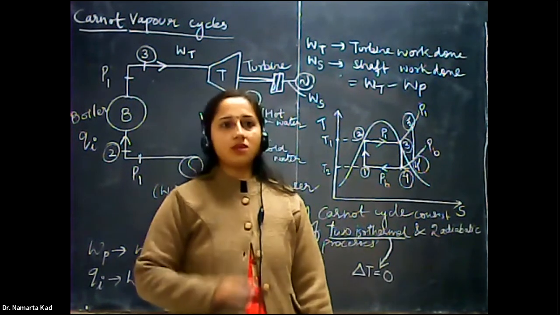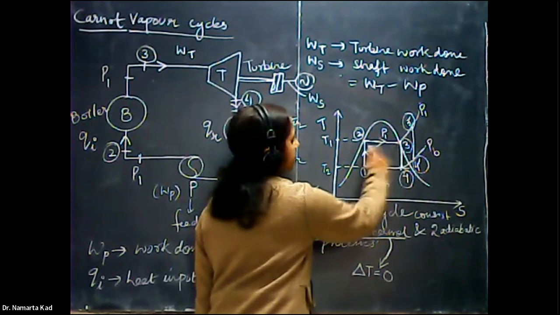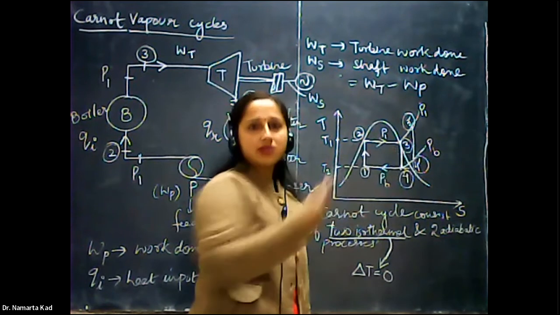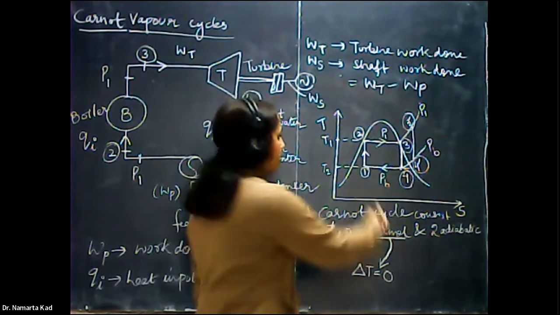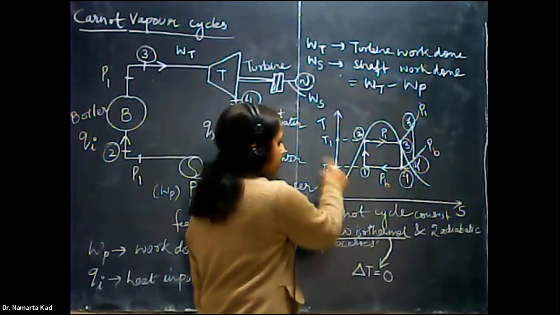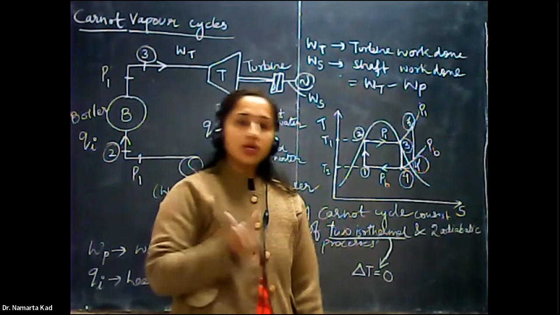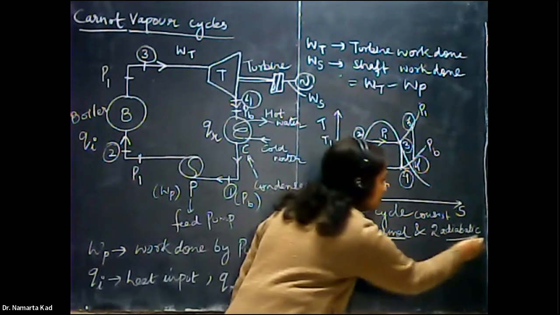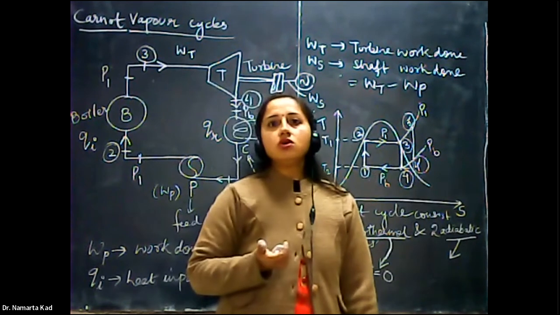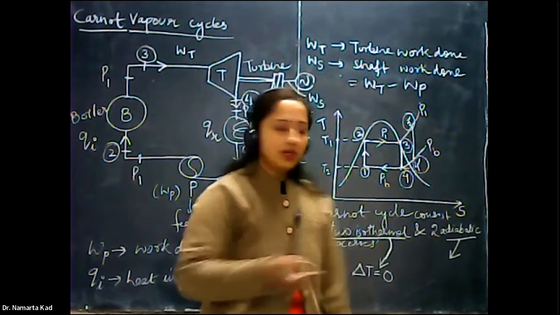Okay, temperature remains constant. As you have seen here, in the process from 2 to 3 the temperature is constant. That is the isothermal process. And also between 1 to 4 the temperature remains constant at T2. So that is again an isothermal process. Okay, what is there in the adiabatic process? In the adiabatic process there is no loss of heat, no change of heat.